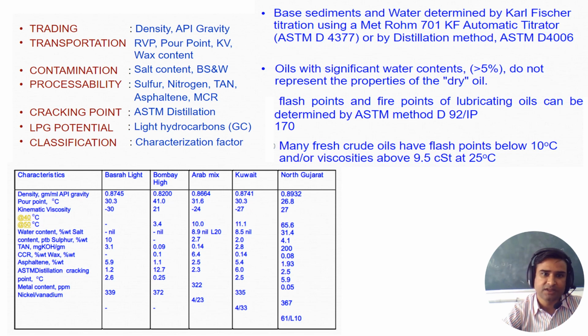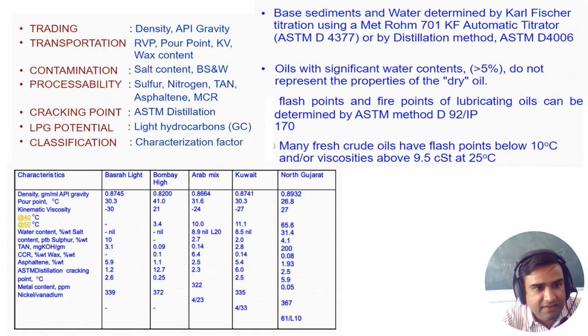And the flash point and fire point of lubricating oil can be determined by ASTM methods. Many fresh crudes have a flash point below 10 degrees centigrade and viscosity above 9.5 centistokes at 25 degrees centigrade. So this is a chart that is defining the other characteristic parameters of the crude oil.